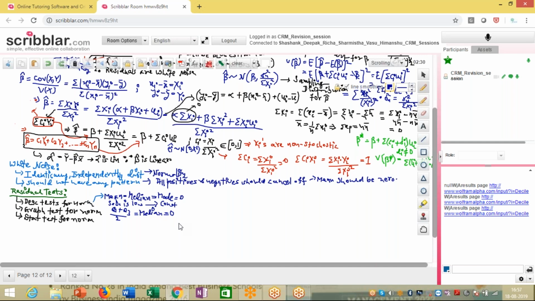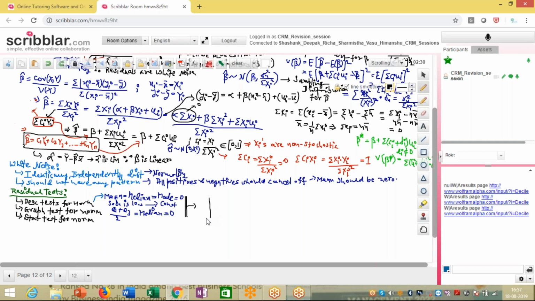Right, so mean equals median equals mode, the standard deviation is low, and the midpoint of the two quartiles is the median, which is again equal to 0. These three together ensure that the distribution we have is symmetrically distributed about 0. That is what we are trying to establish here.